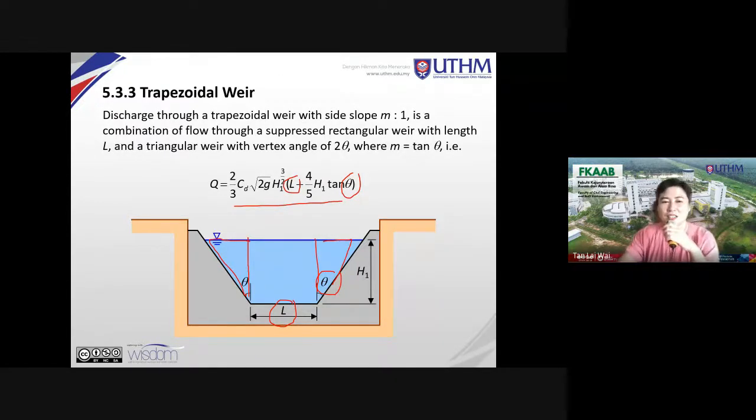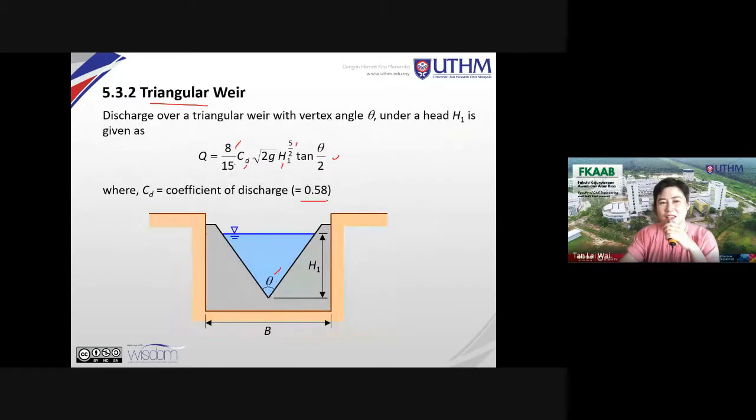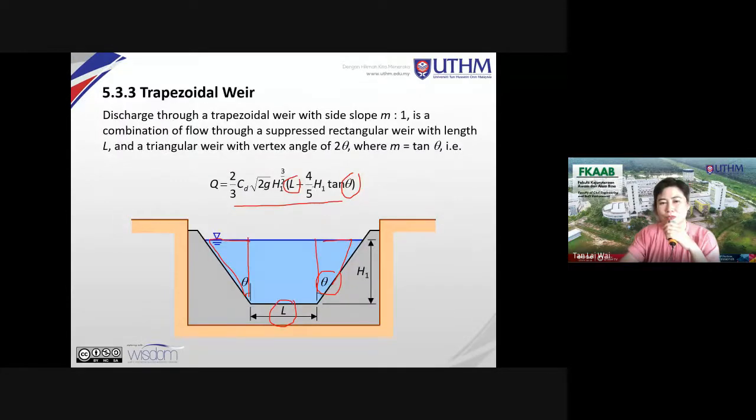Here you factor this, and if you open them up, you get 8 divided by 15 here. So if you go back, this is 8 divided by 15. This is the combination of the two formulas, and you get back the trapezoidal weir.